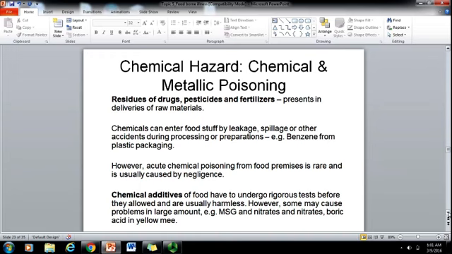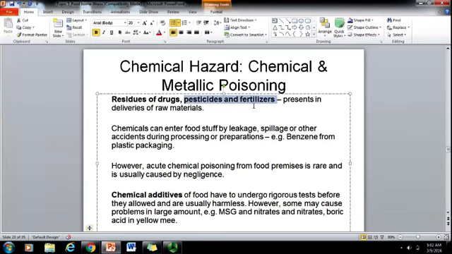And we come to the chemical hazard. As I mentioned very early in the first slide, the chemical hazard comes in the form of natural chemicals or unintentional chemical hazards, but most of the foodborne illness due to chemical hazard comes from pesticide and fertilizer.